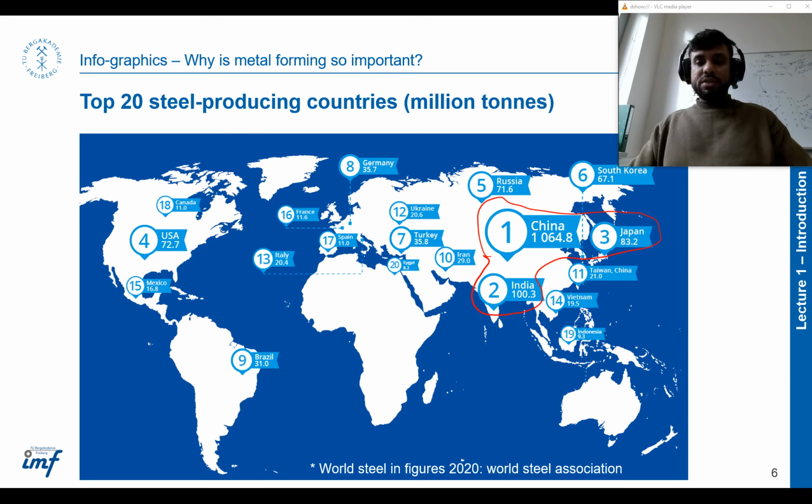In Europe, the crude steel production is relatively lower, but quite important, and in the next slides we will see how. The rest of the crude steel production is distributed throughout the globe. So this is basically the crude steel production side.